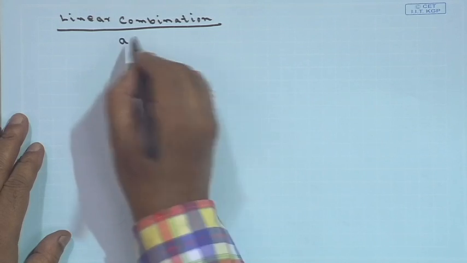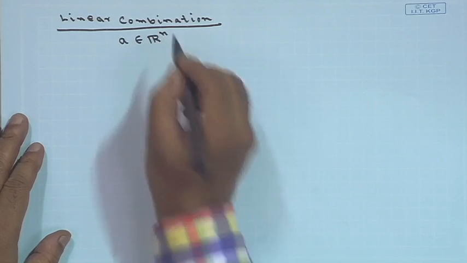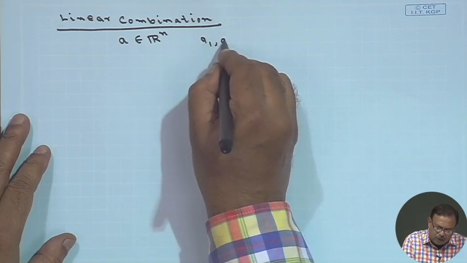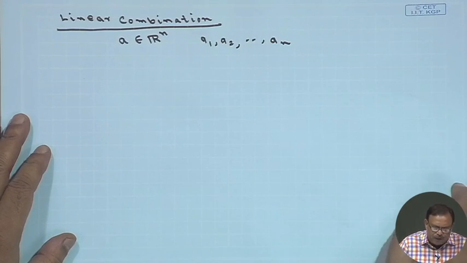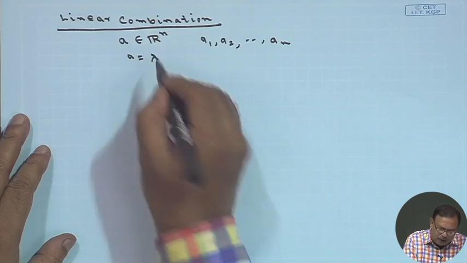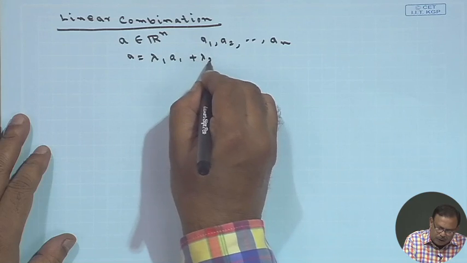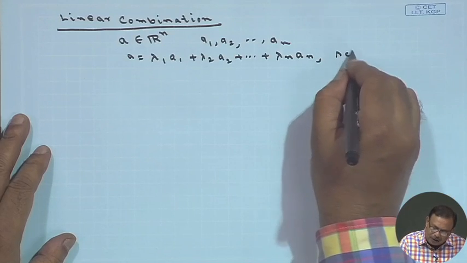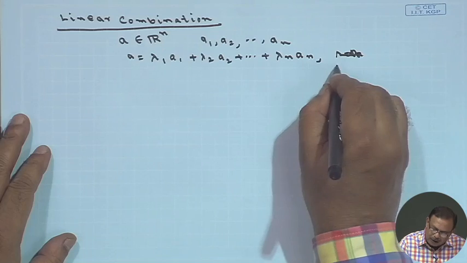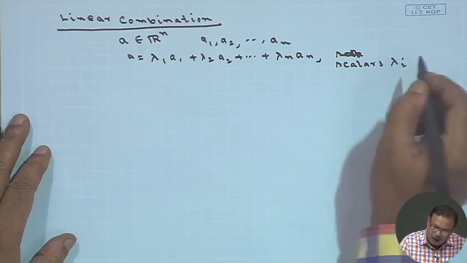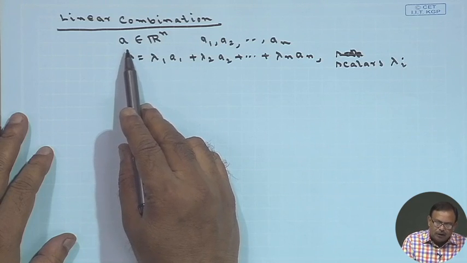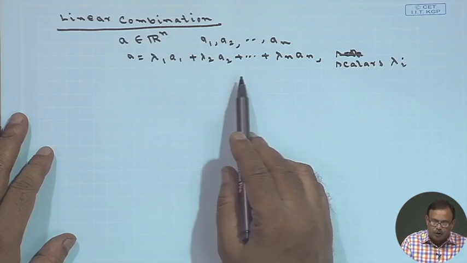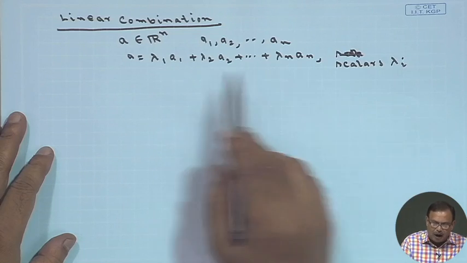You have a vector A, I am just writing in simple form, belonging to R^n. It will be a linear combination of the vectors a1, a2, ..., an if we can write A equals lambda1 a1 plus lambda2 a2 and so on, plus lambda_n a_n, for some scalars lambda_i.